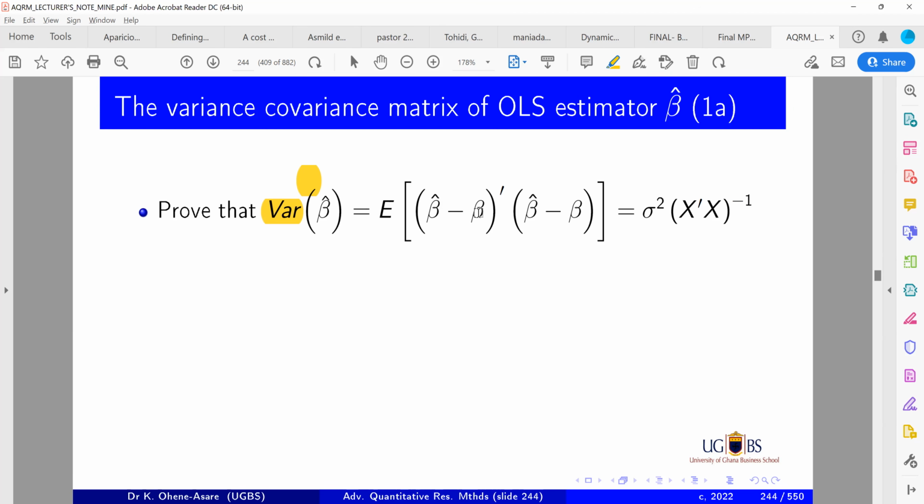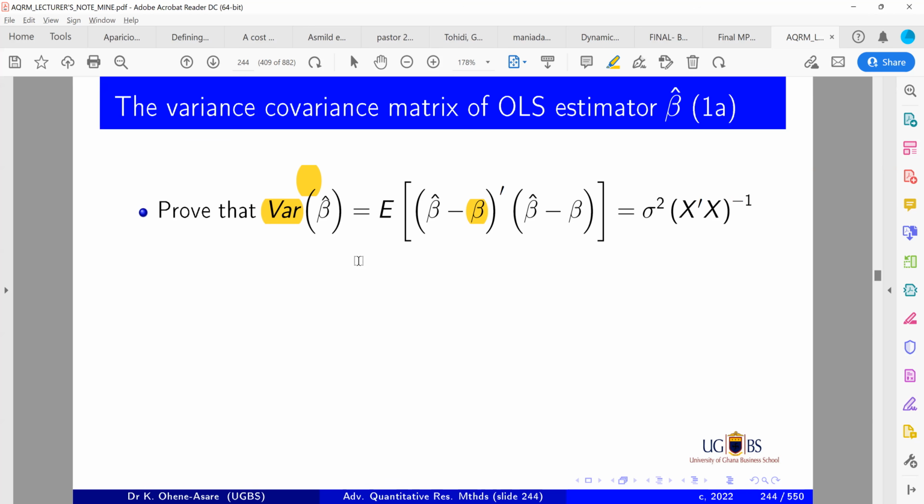But that true value is unobserved, because in the real population of the world, that true value is unseen. And so you need to collect data and estimate. That's why it is called an estimate. This beta is the true value, and this beta cap with a hat on it is the estimate of the true value. And that is what we did in the previous slide. So the expected value of this with a prime and the same thing without a prime is the variance.